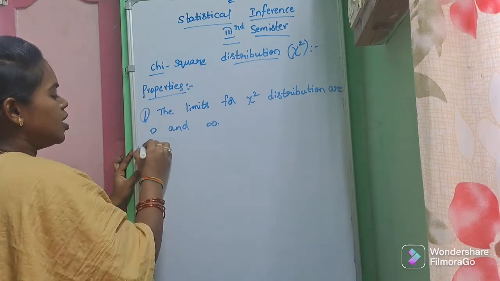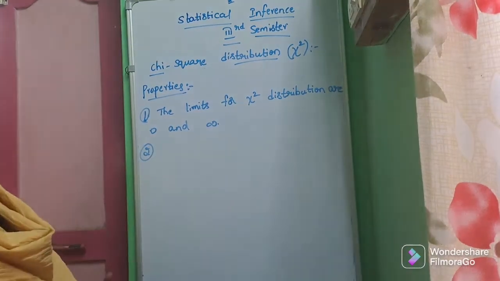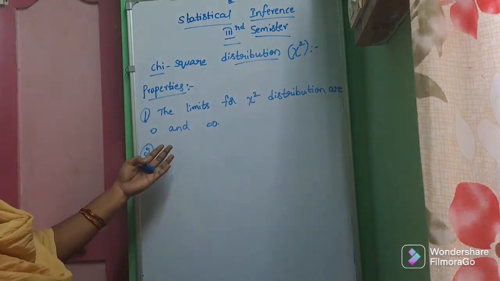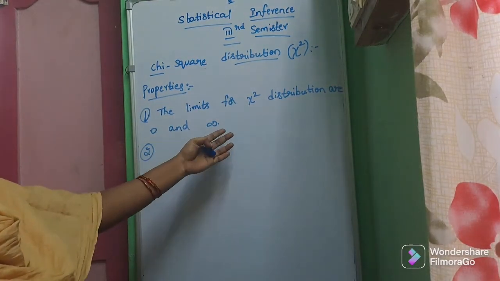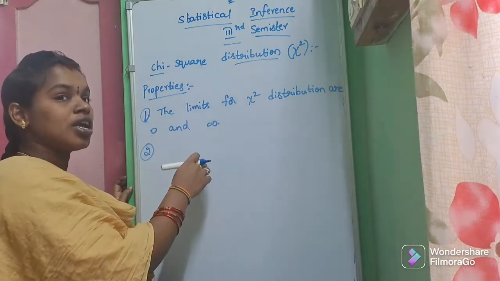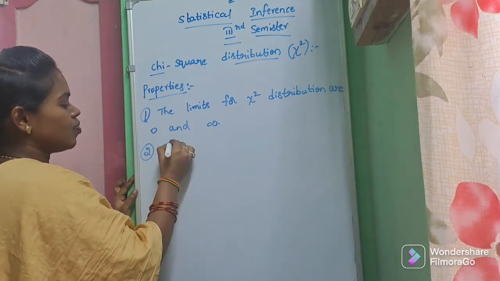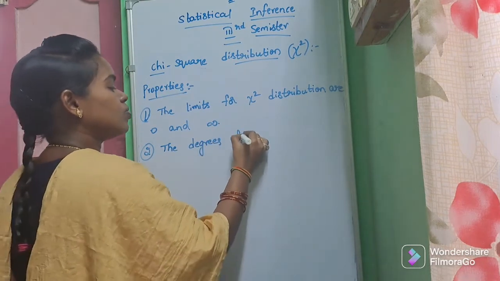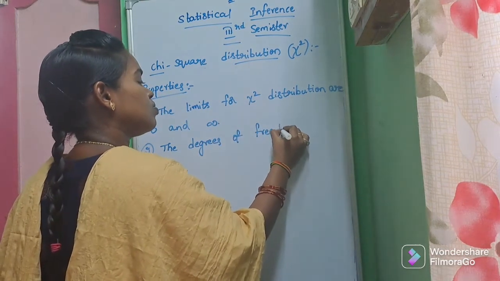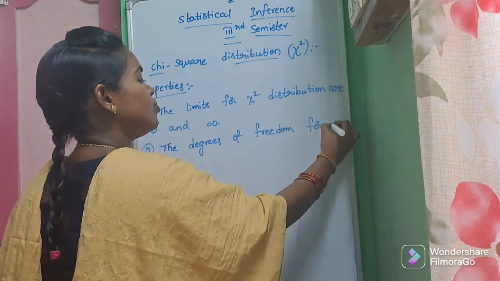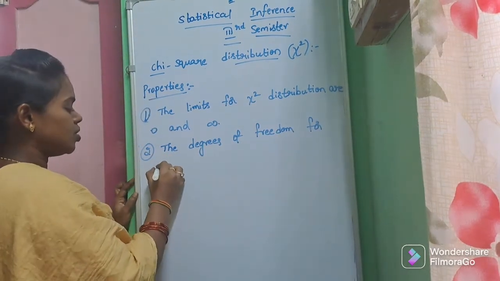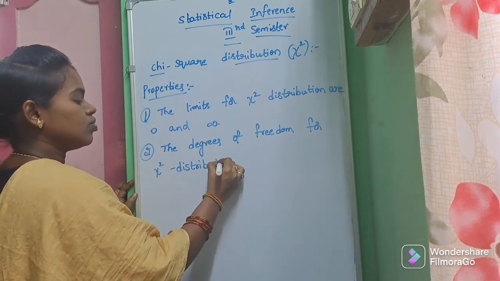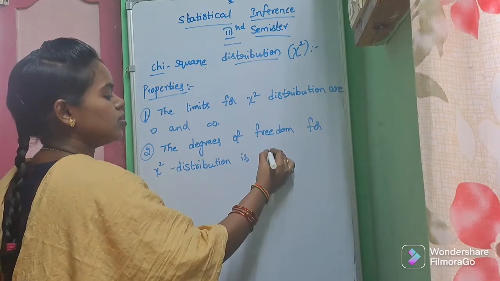We already learned this in the PDF. That is our first property. The next property is that the degrees of freedom for the chi-square distribution is n, because here we are taking n independent variates.